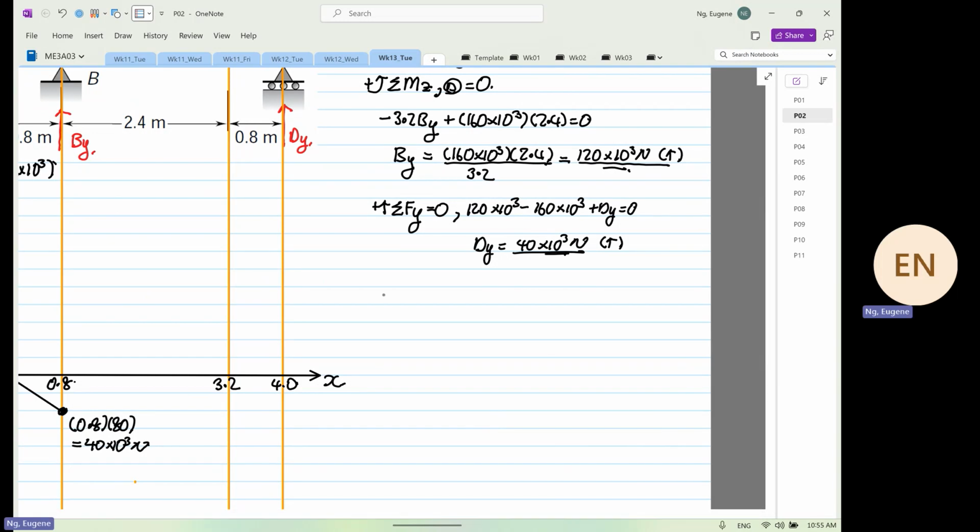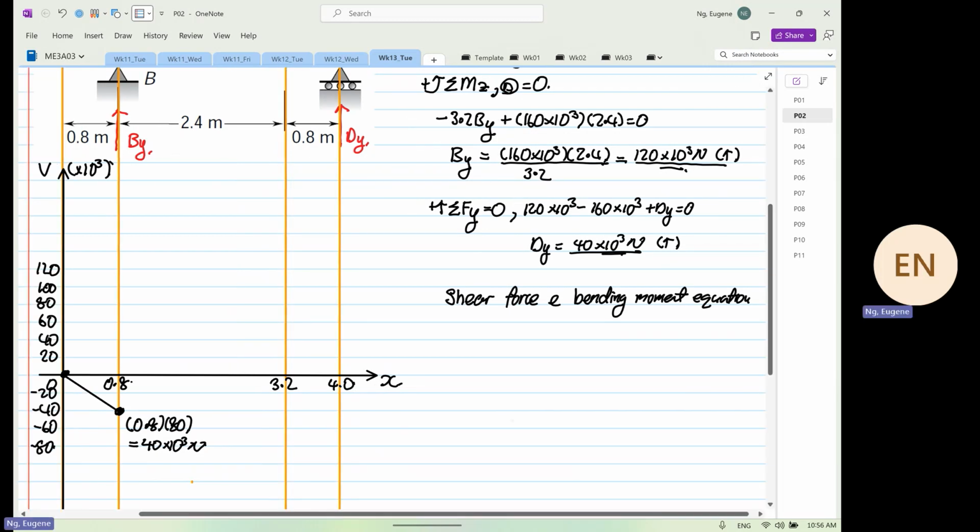So if we were to look at 0, we're going to form the shear force and bending moment equation. Okay, so I'm just going to form from 0, just to help you recall what you learned in 2P. Some of you have done 2P a long time ago, some of you just last term.